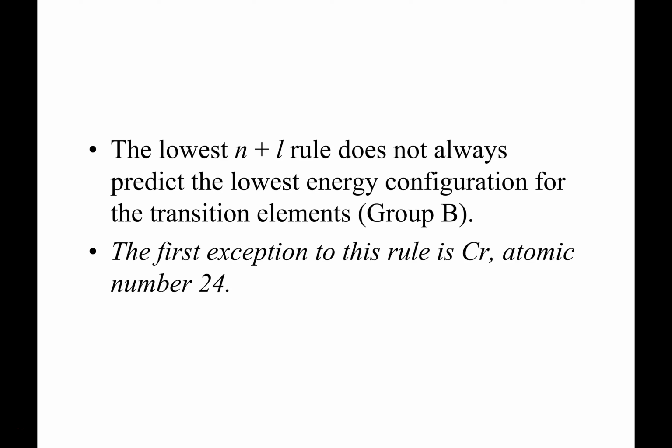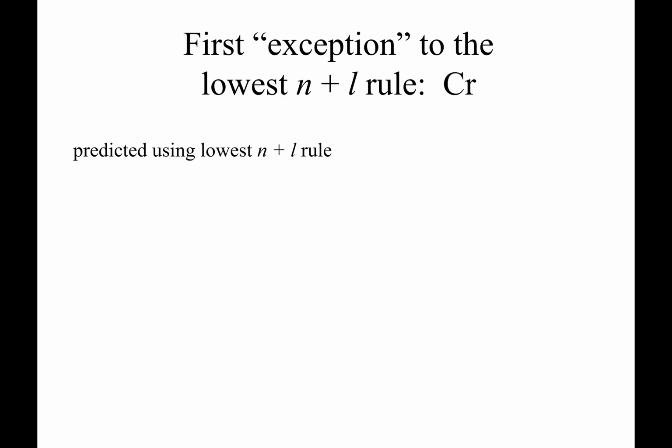For chromium, if you're finding homes for the 24 chromium electrons, they aren't going to follow this. But I'm here to tell you, anytime you have to do homework or a test question for me, this is what you're going to follow.